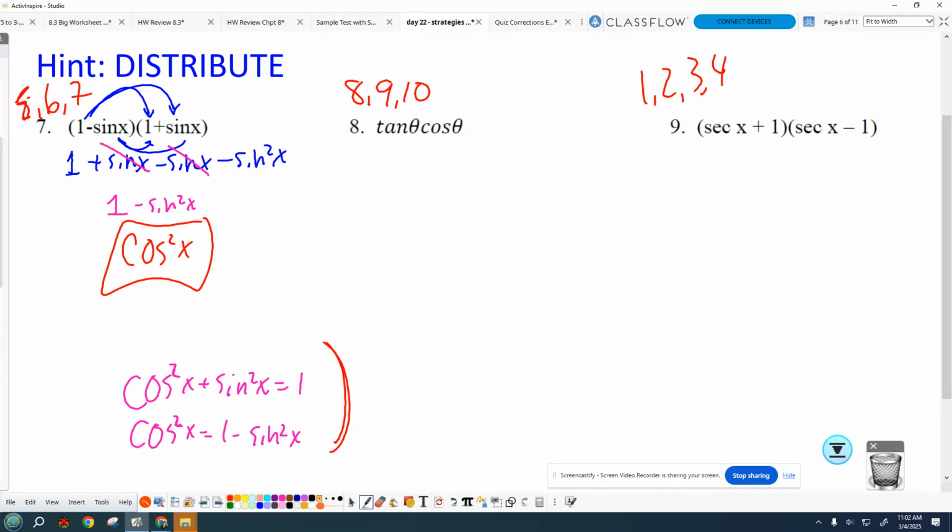Cotangent? 1 over cotangent doesn't help me. Sine over cosine. Tangent is sine over cosine times cosine, those cancel, so we're left with just sine. That one was pretty simple.